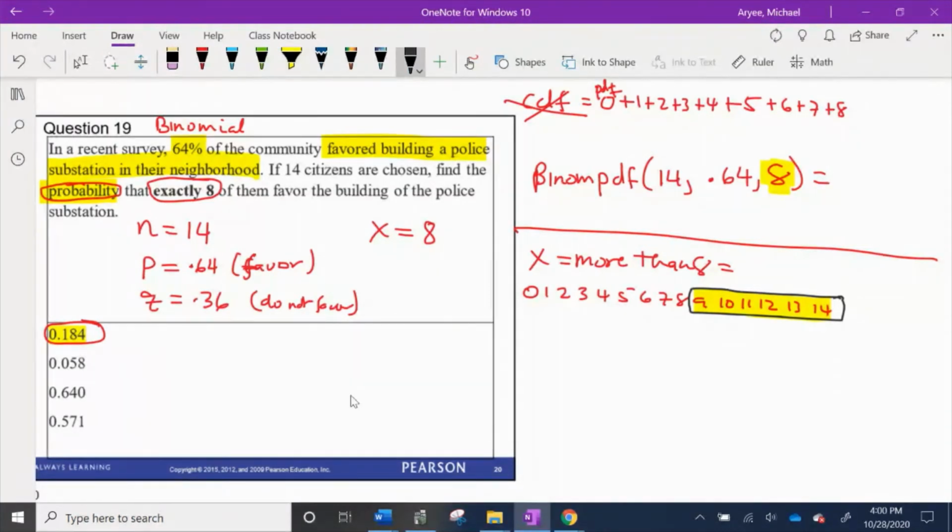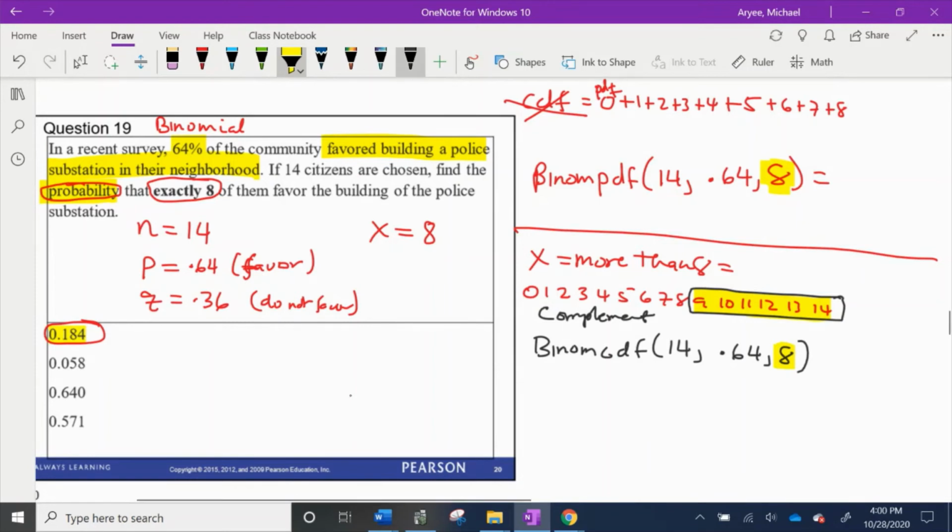So you're going to use the numbers from 0 to 8 as the complement, and anytime you have a complement, you can use binomCDF. So you do binomCDF, put in the 14, the .64, and 8. Now 8 is the last value before the number you want.